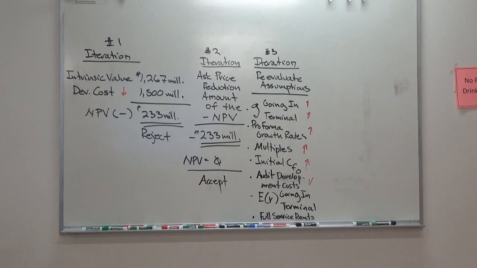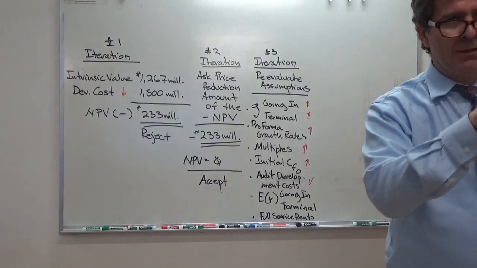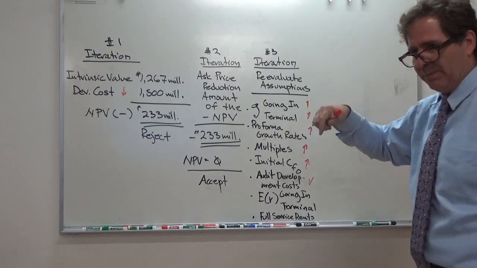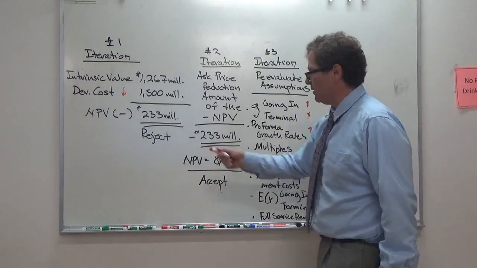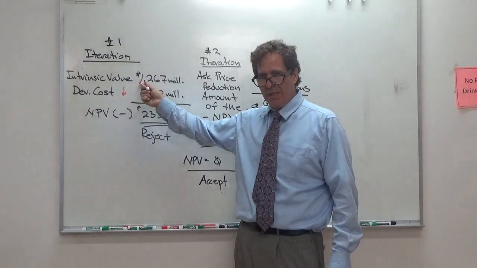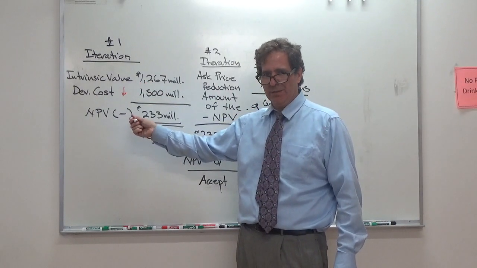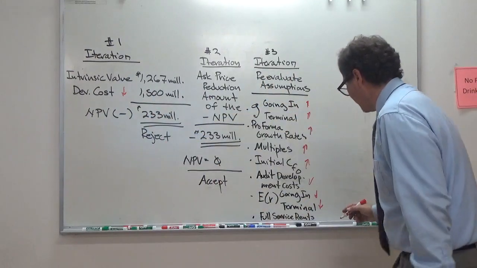If investors are willing to take a lower expected return, both on the terminal and the going in, the intrinsic value goes up, the net present value goes up, the internal rate of return goes up, and the break even goes down.